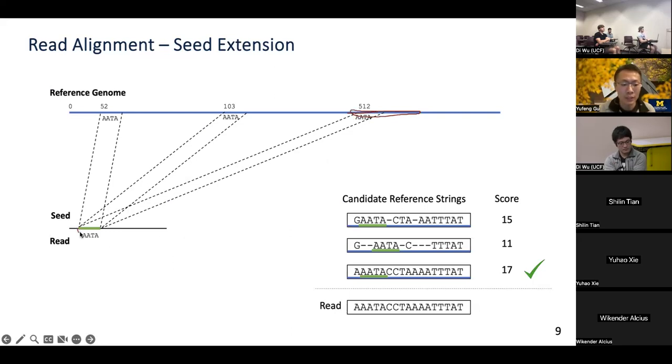Usually we will have another read here, covering most of this read and some other on the right part. And there may also be this read. So when we consider these three reads together, then we could have a more comprehensive matching result. Okay, that makes sense.